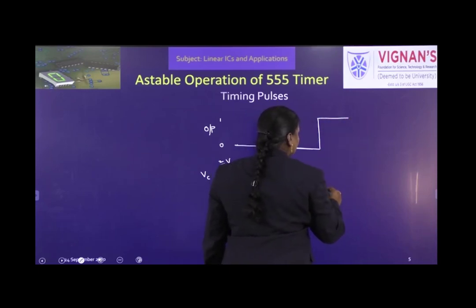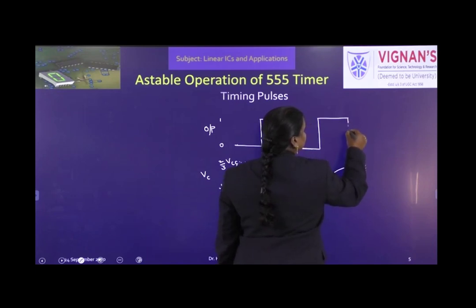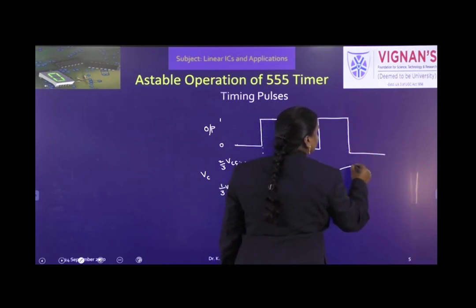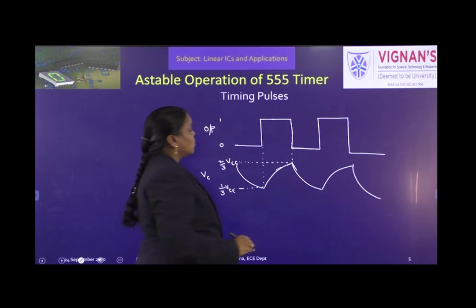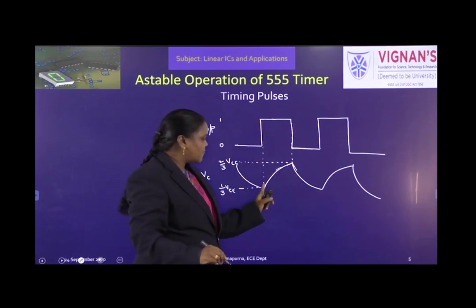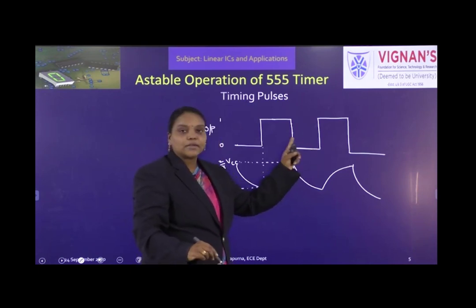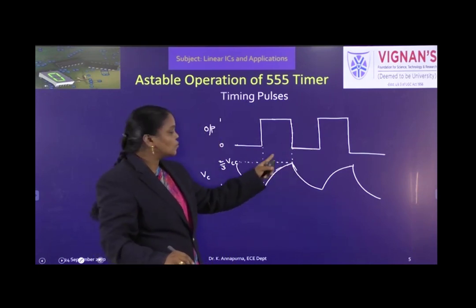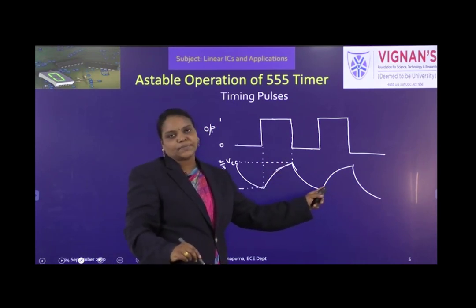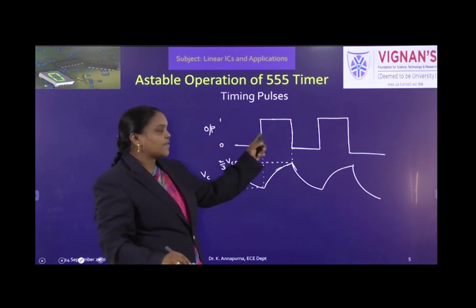This process repeats. When the output is in on condition, the capacitor is charging from 1/3 VCC to 2/3 VCC, and when the output is logic low, the capacitor is discharging from 2/3 VCC to 1/3 VCC. This process continues and results in a square wave output.